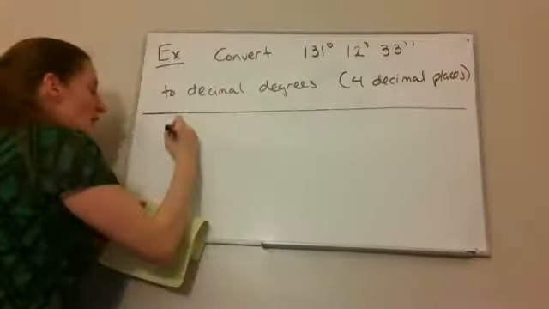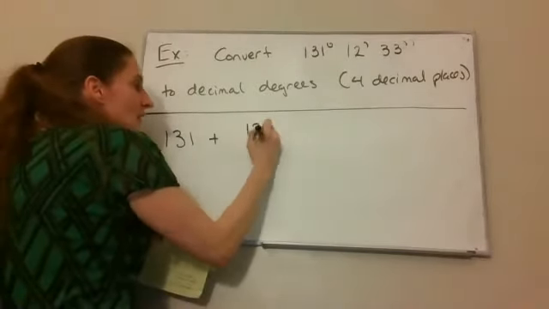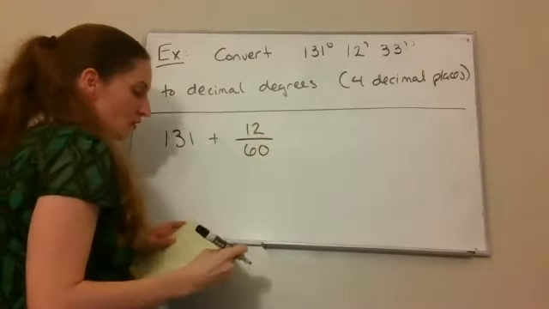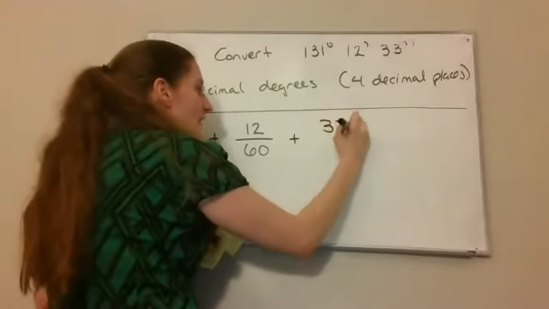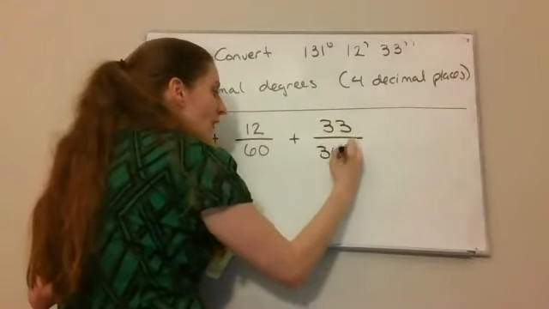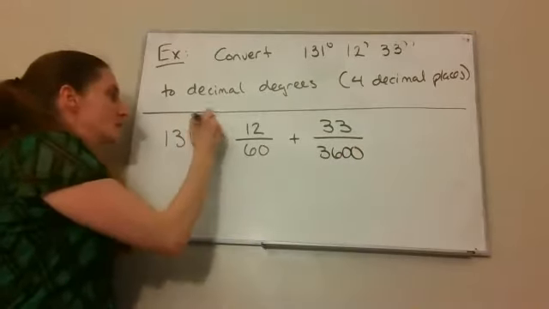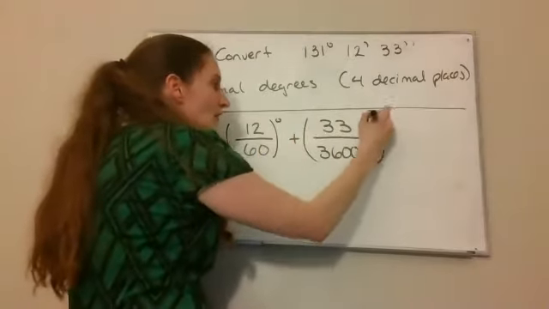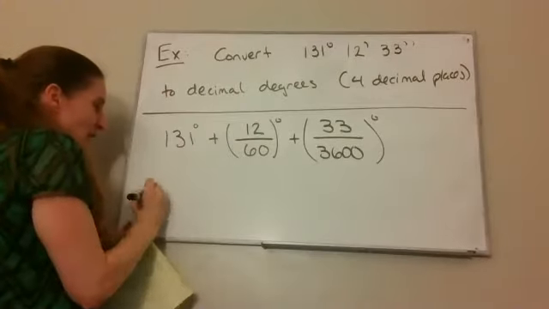I have 131 degrees. I have 12 minutes, and 12 minutes would be 12 out of 60 degrees. And 33 seconds is 33 over 3,600 degrees. That's just using all of my conversion factors. So now let's see what we get when we convert this into decimals.